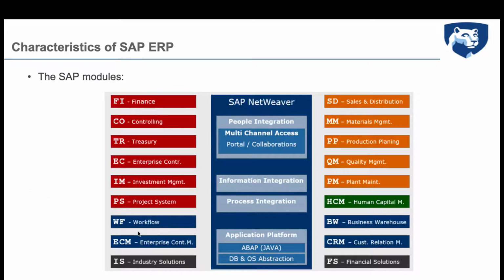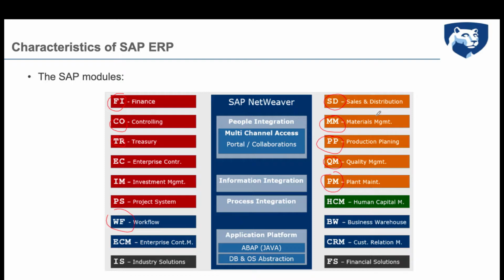This is the whole representation of the SAP modules. These are the acronyms that you will see a lot in the course: finance, FI, controlling, CO, treasury, TR, workflow, WF, sales and distribution, SD, material management, MM, production planning, PP, quality management, QM, plant maintenance, PM.